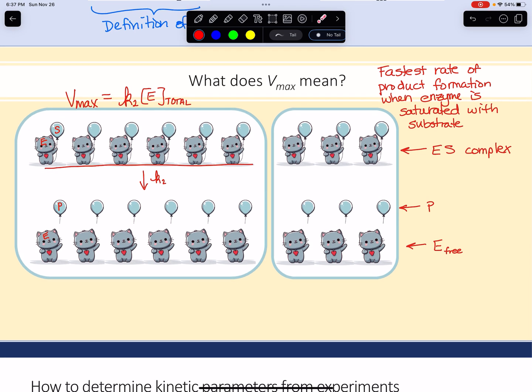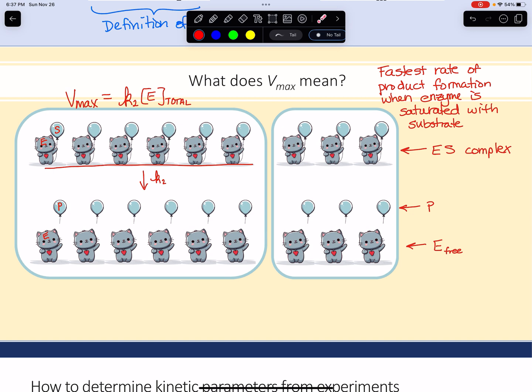Okay. So we've already talked about the catalysis, haha, bad pun, where we have the cat holding the balloon and the product is the balloon released with a shorter tail, okay? Now, one reason I made this figure was to emphasize that Vmax is proportional to how much enzyme is there, okay?